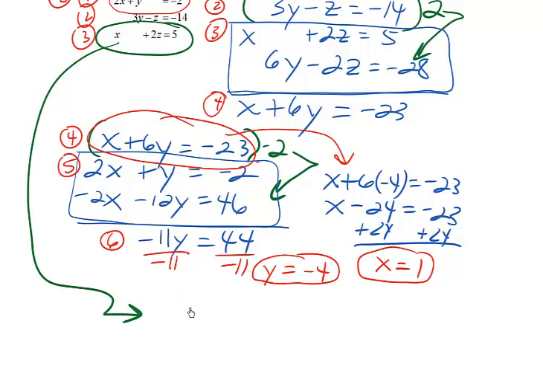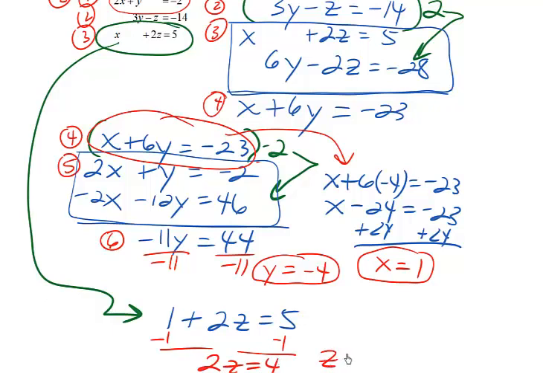Okay, so I've got the x value plus 2z is equal to 5. And again, thankfully, the algebra steps here are simple. It looks like I'm about to end up with z equals 2 after I divide both sides by 2. My final answer is the ordered pair 1, negative 4, 2.